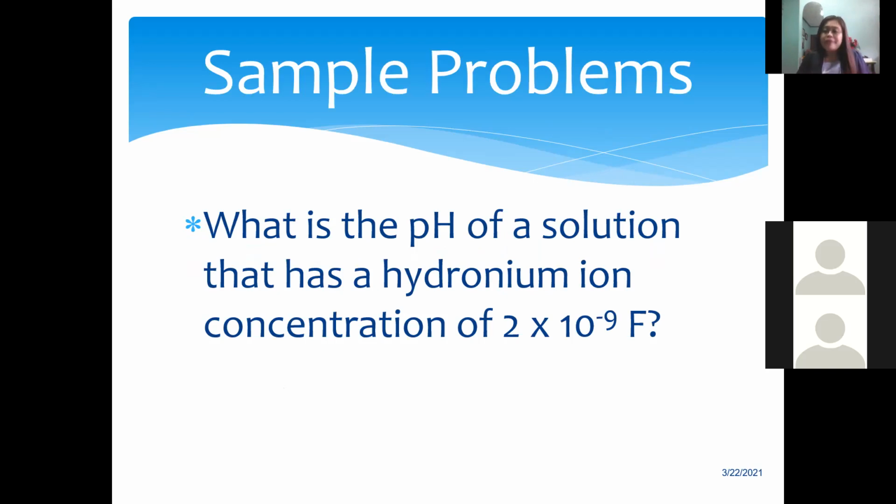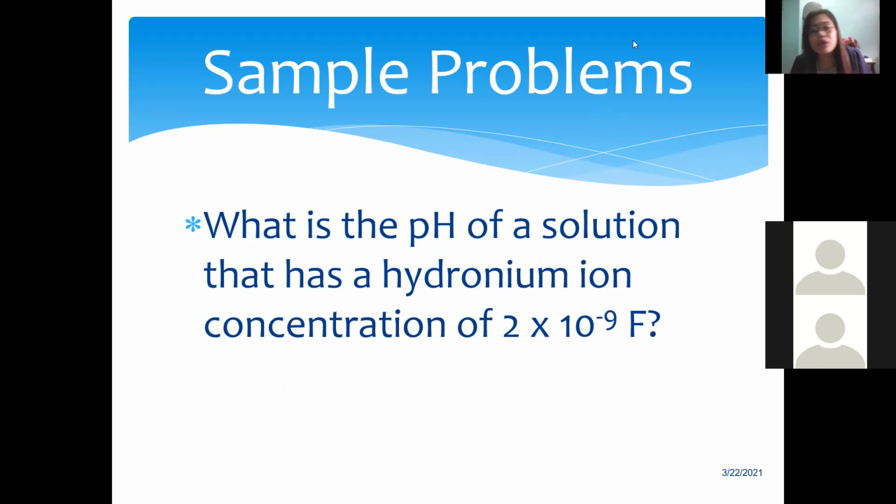So number 1, what is the pH of a solution that has a hydronium ion concentration of 2 × 10⁻⁹ formal? So F is formal.